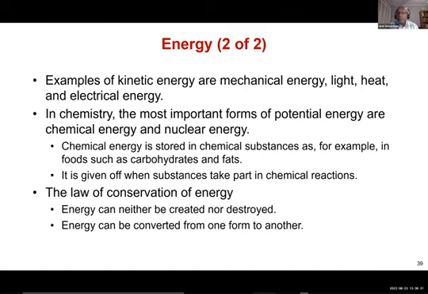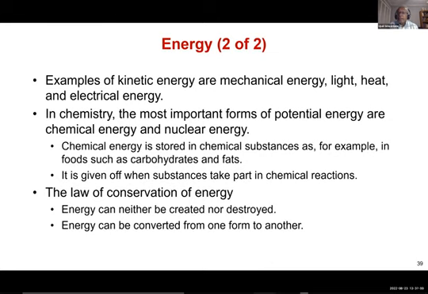Light also is a form of kinetic energy. Light is considered very, very small particles of matter moving at a certain velocity, which is the velocity of light. So depending on the particle size, they have different colors.